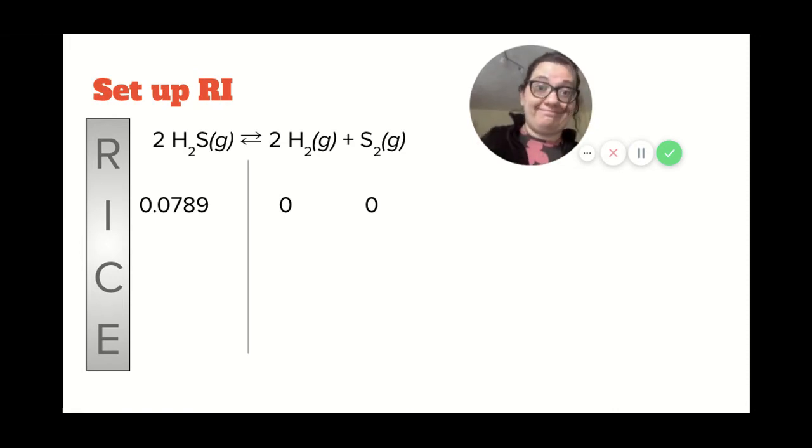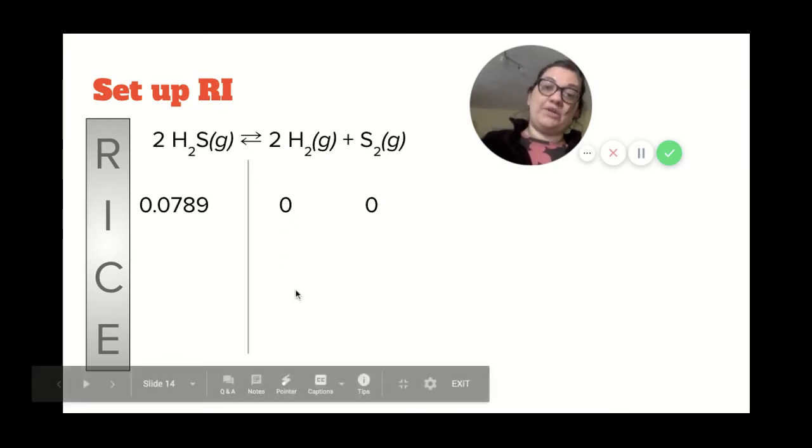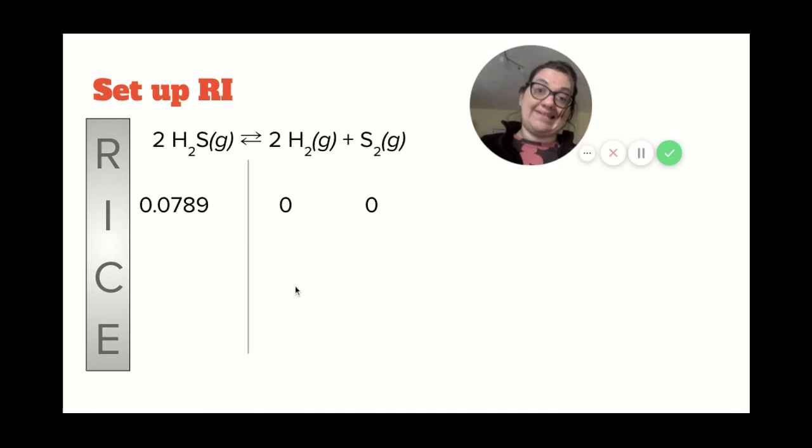This is counting. We can't have less than 0 molecules of something. It's just not a thing. So we need positive numbers. So if you ever see a 0, that means that quantity is going to be increased. Therefore, everything on that side is going to be increased, and the opposite side is going to be decreased.